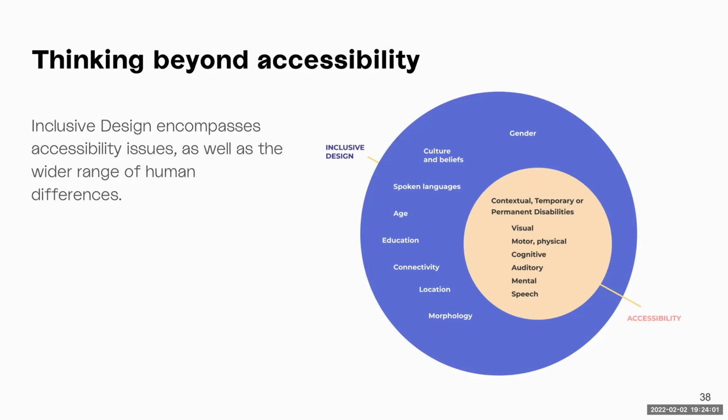So we need to think about all of these demographics and differences when we implement something. When we include all of these categories together, that's when we can say that we are building something inclusive, and we have followed the right inclusive design process. This is what we wanted to grab your attention to.